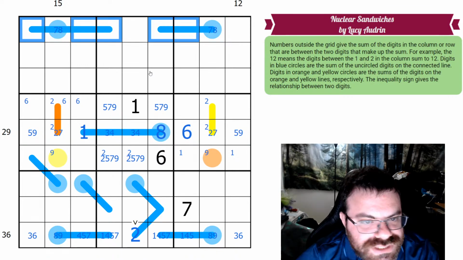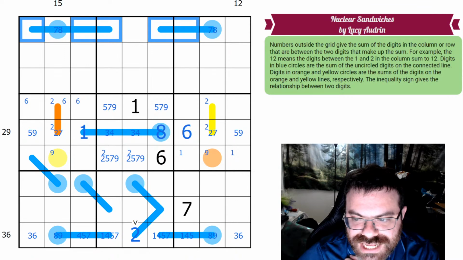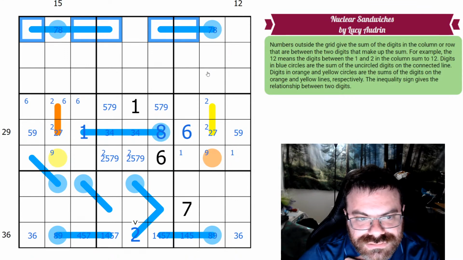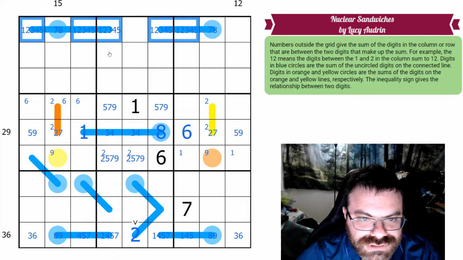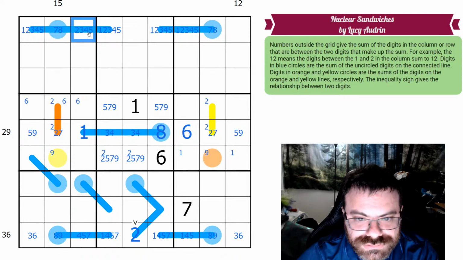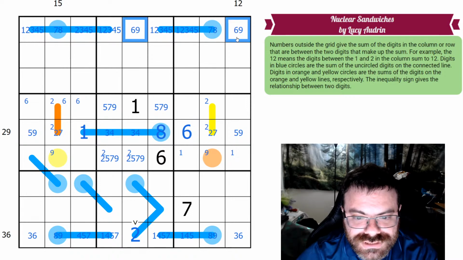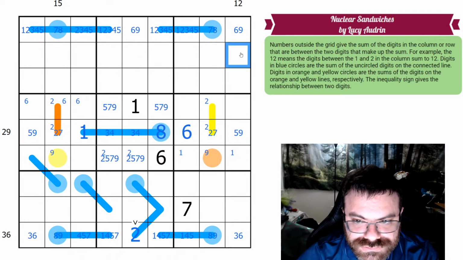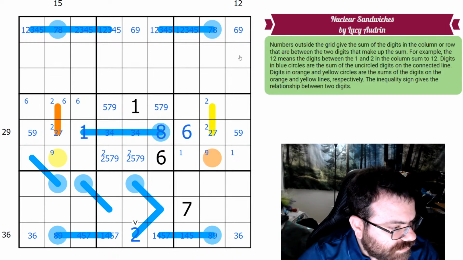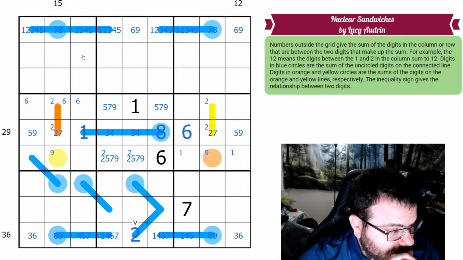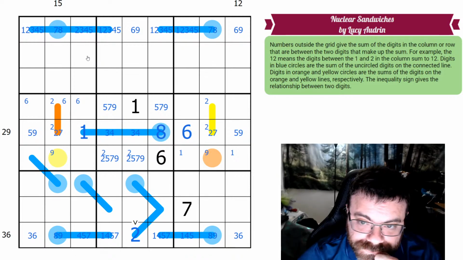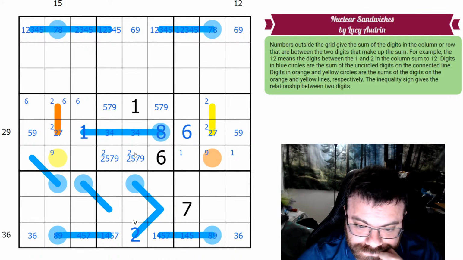It's because these add to 15 minimum. So actually these have to be 15 now. So that's not a 1. And then these are 6, 9. Oh, this 2 sees up.